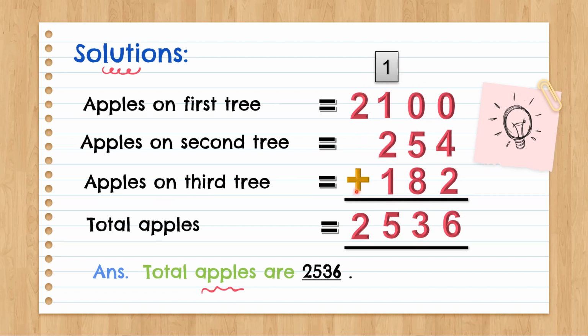We will add all these numbers column-wise, and we will start writing from one side. So the answer will be 2536. Then after that you will write the answer: total number of apples are 2536.